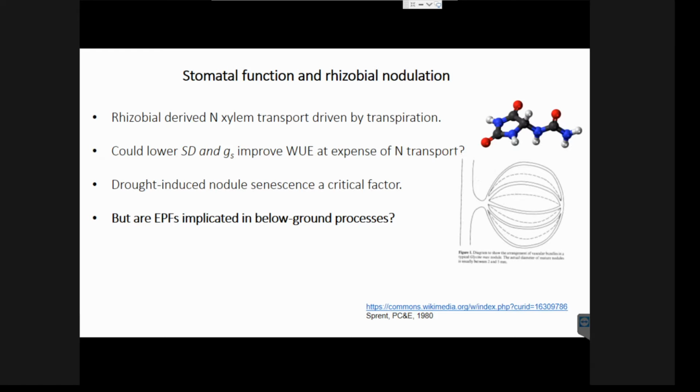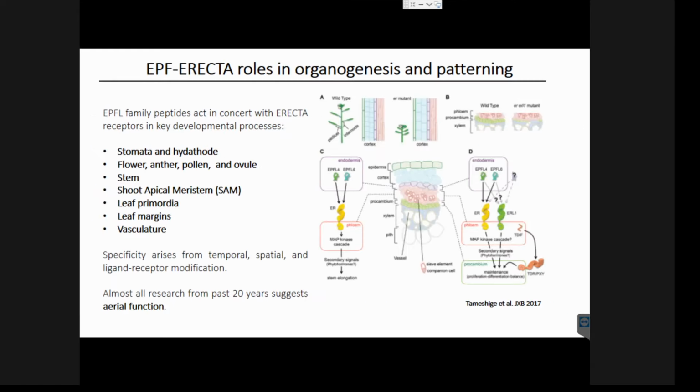And this is where it gets slightly confusing. So epidermal patterning factors are primarily known in vegetative organs.